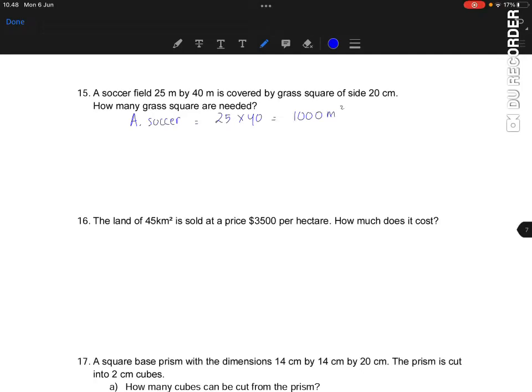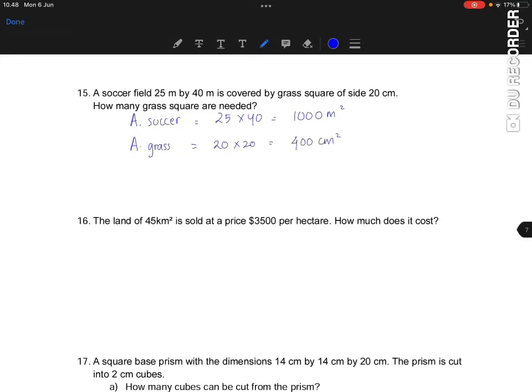Then you will have the area of a grass square. It is a square, right? So 20 multiplied by 20, even though you only have one side. The other side is going to be 20 as well. So you will have 400 centimeters square.